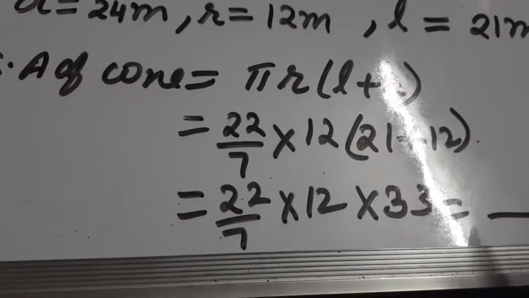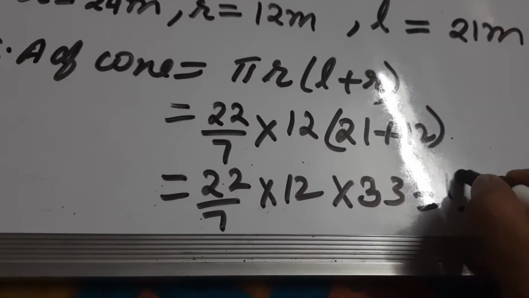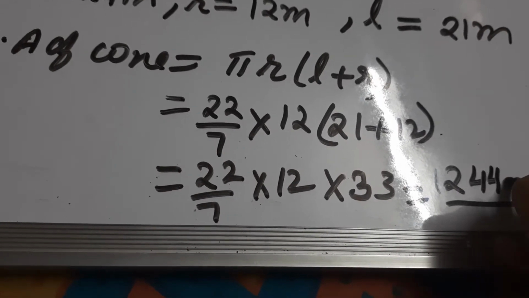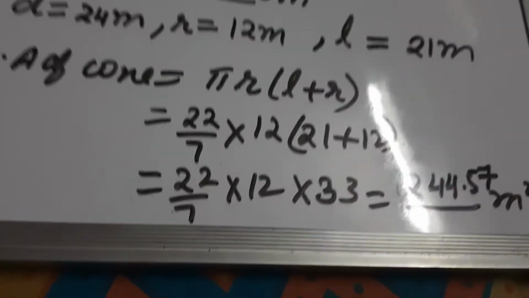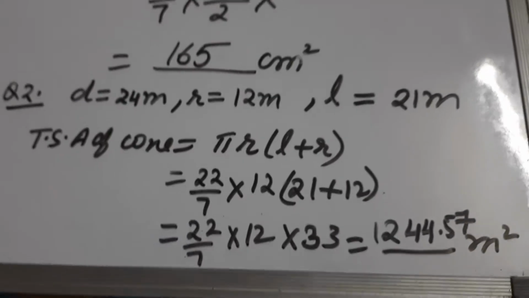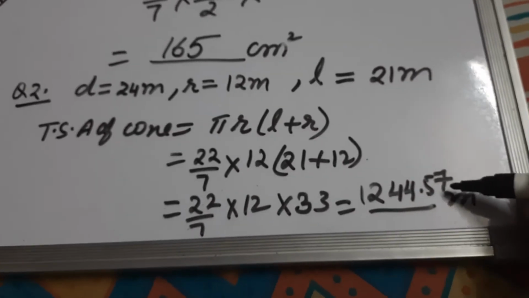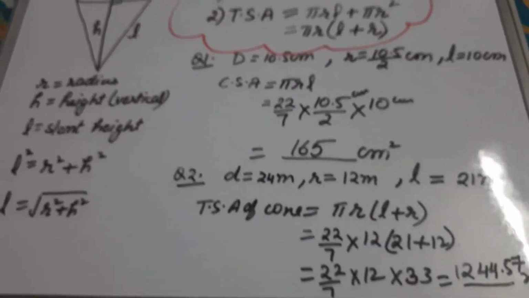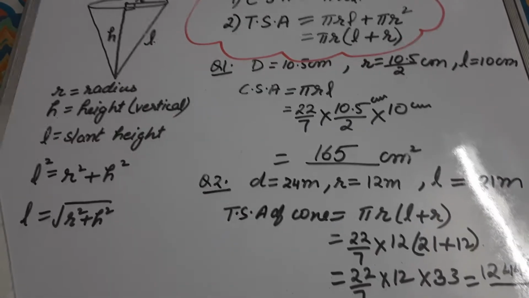So we'll get the answer as 1244.57 meter square. So dear students, take up to 2 decimal places. Okay. So in this way questions are very easy. You can try the questions yourself also.